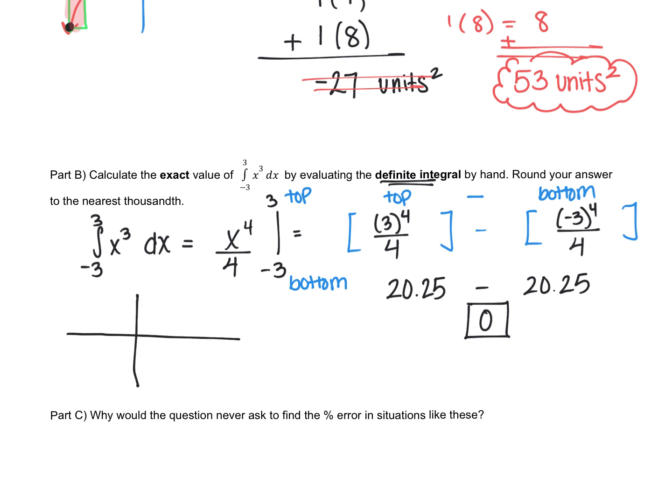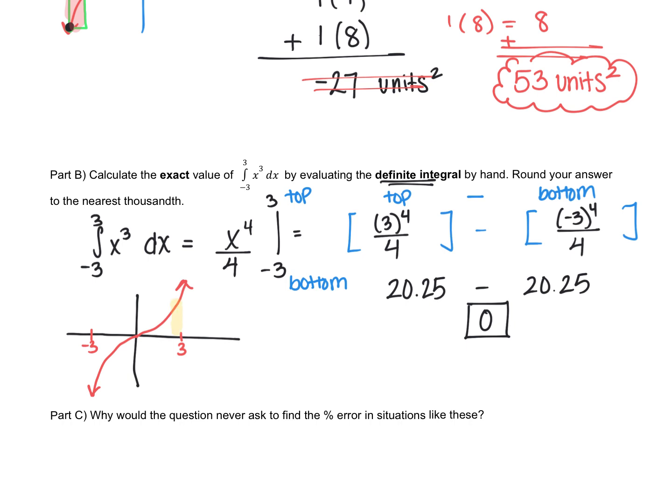So if I have my curve, right, we know it's an x to the third curve. So we've got this and we've got this from -3 to 3. What the definite integral does is it actually gives you the exact area between the curve and the x-axis.